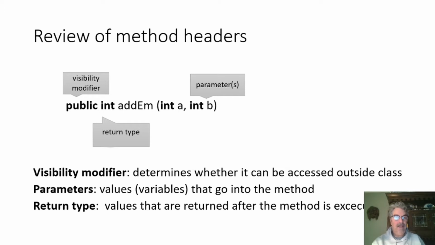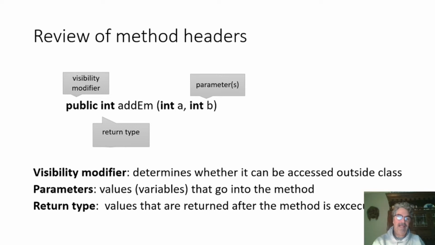And finally, in the method header are parameters, sometimes called arguments. Here we have int a and int b. They have a type, which is int or String or whatever type you want to send into the method, and a name, a or b. It's that simple.